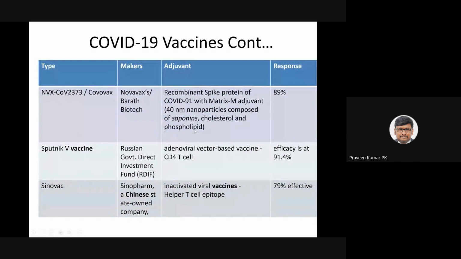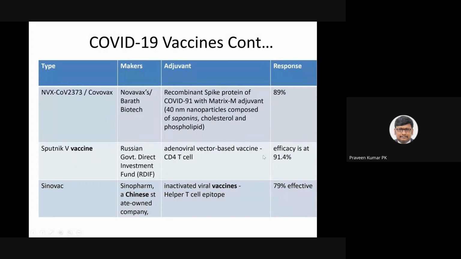And similarly for COVAX, we are using a Matrix-M adjuvant. Majorly, Matrix-M adjuvant is composed of saponins, cholesterol, and phospholipid. Did you notice this? Saponins are plant compounds. So plant compounds can also be used for the preparation of COVID-19 vaccines.